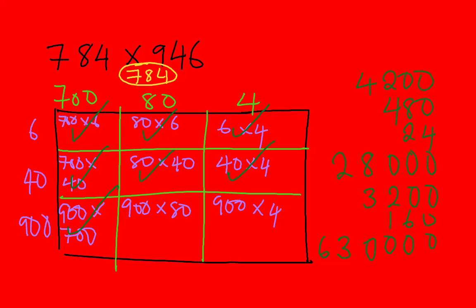Okay. Then this is going to give me 72,000. So I'll put it up here, 1, 2, 3, and then 72,000. And the last one there is going to give me 3,600. So you're going to add all this.